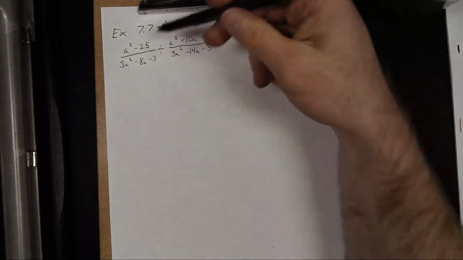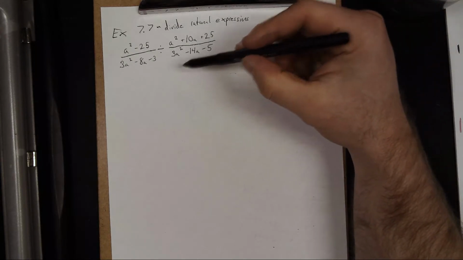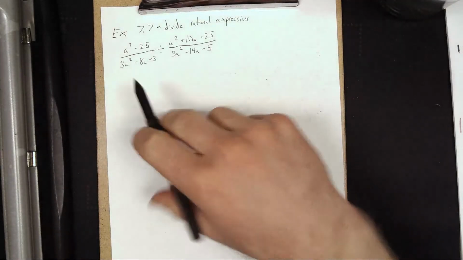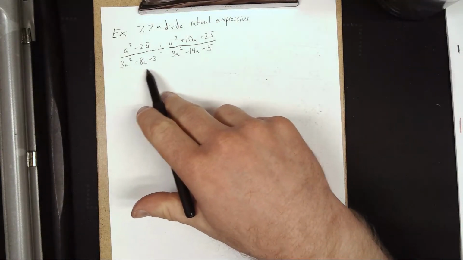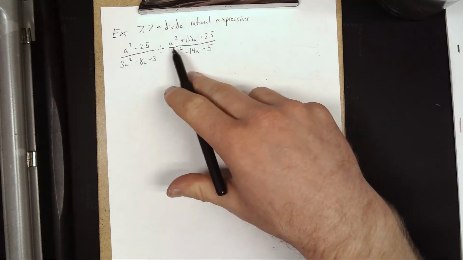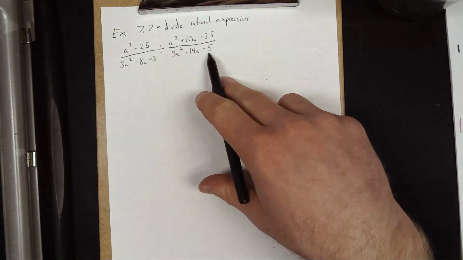Okay, for example 7.7, we are dividing rational expressions. So the key for this one, we've got a squared minus 25 over 3a squared minus 8a minus 3, and then we're dividing by a squared plus 10a plus 25 over 3a squared minus 14a minus 5.